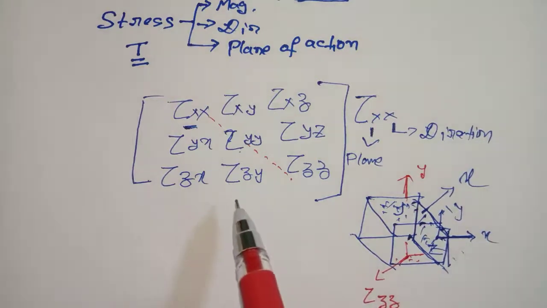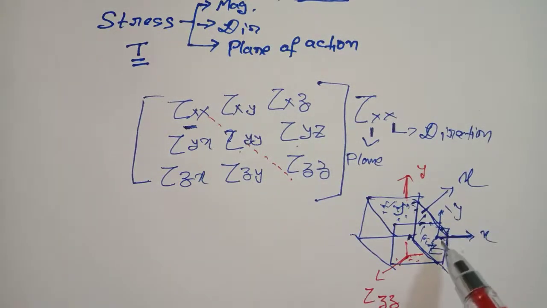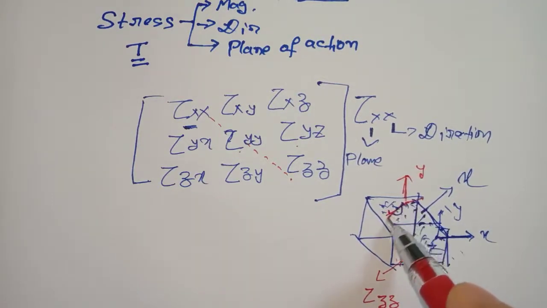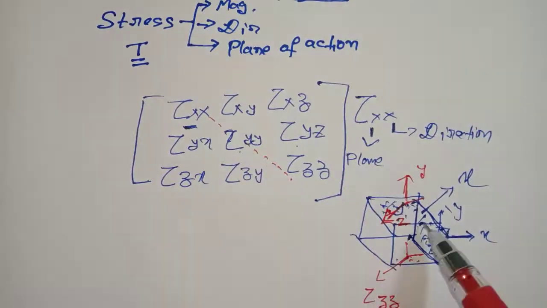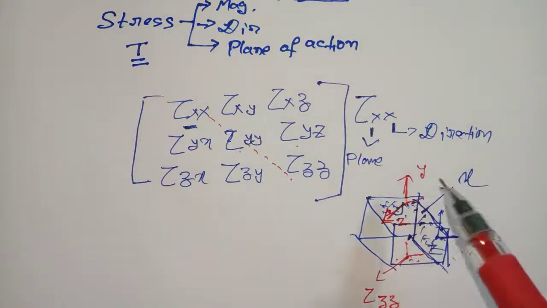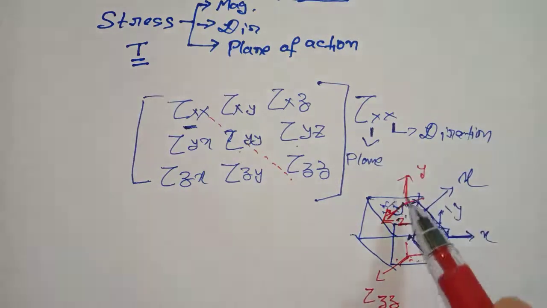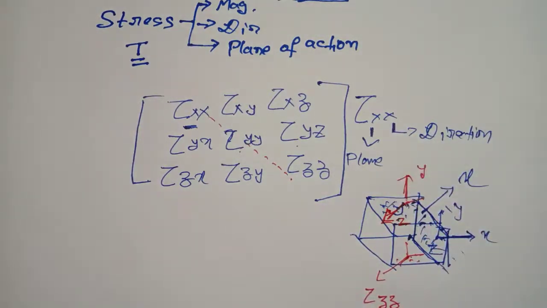If I take any mixed index, say tau yz, it means the stress is happening in the y plane but in the z direction. So if this one is y and the others are x and z, it is happening in this direction, the z direction. So tau yz means it is happening in the y plane but in the z direction. Note that the first index determines the plane on which it is happening, and the second determines the direction.